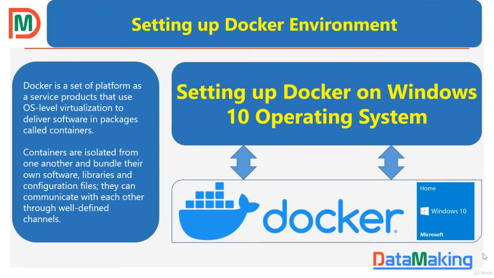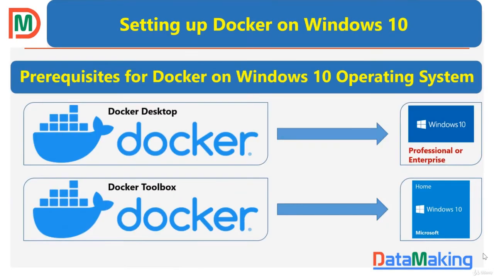When you set up Docker, we are going to build it on the Windows 10 operating system. To set up on Windows 10, there are certain prerequisites. If you are using Windows 10 Home Edition, or a version prior to Windows 10 like Windows 7, you need to use something called Docker Toolbox.